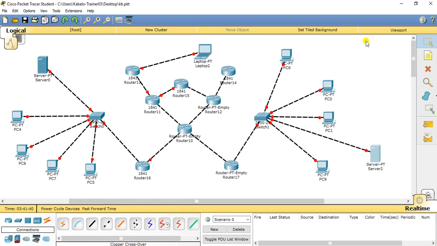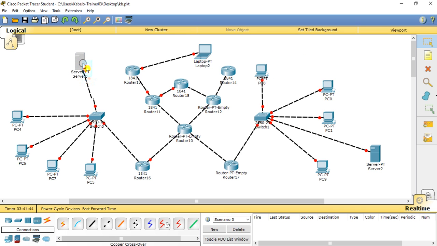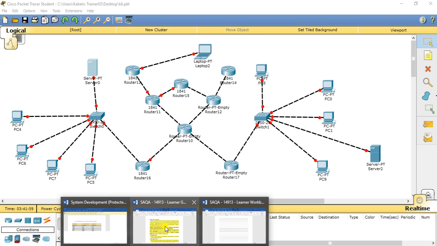So there are two or more LANs connected to routers, which forms a WAN. So a network is an interconnection of routers making an internet. Let's go back to our learner guide.